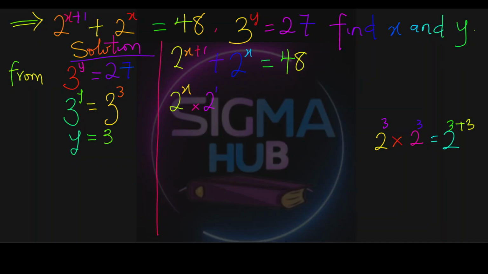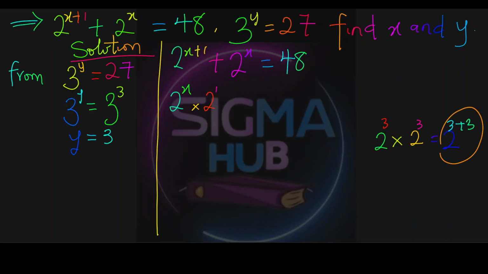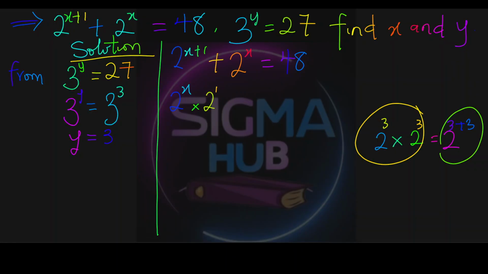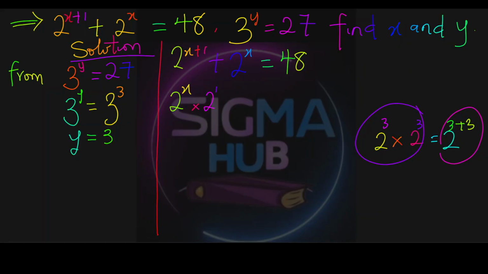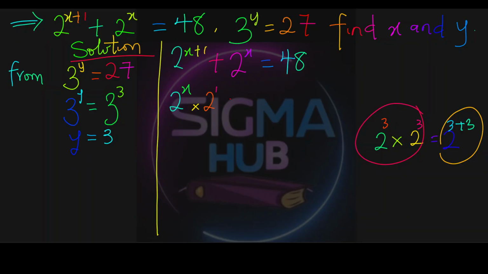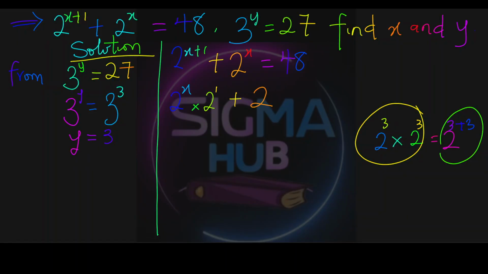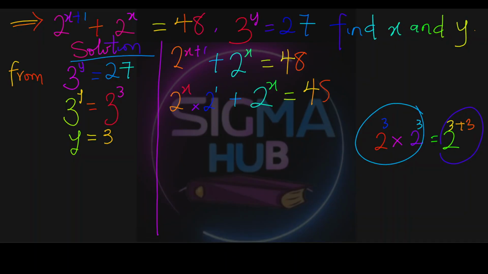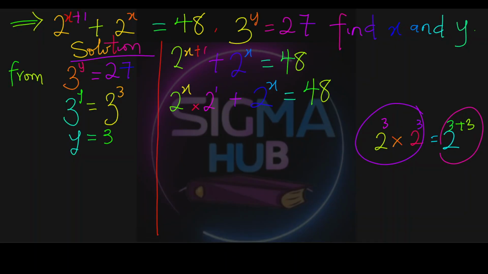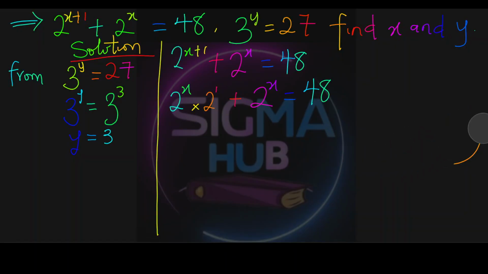I can also convert from this back to this, which is what I did. So 2 raised to the power of x plus 1 can be written as 2 raised to the power of x times 2 raised to the power of 1, plus 2 raised to the power of x, everything equal to 48. And that's what we are going to be considering.